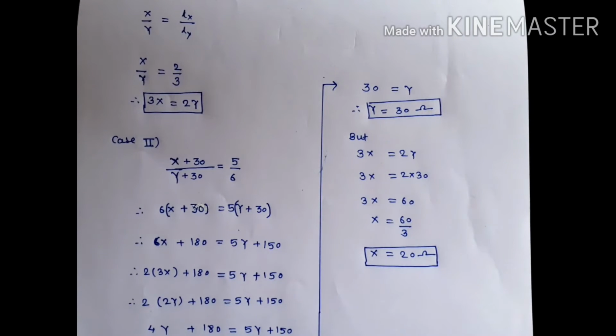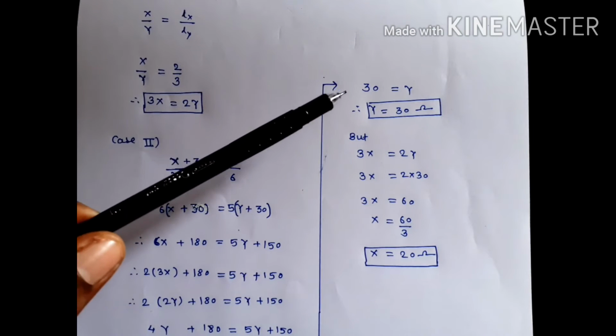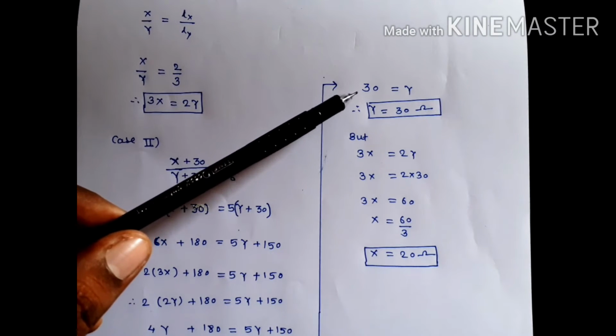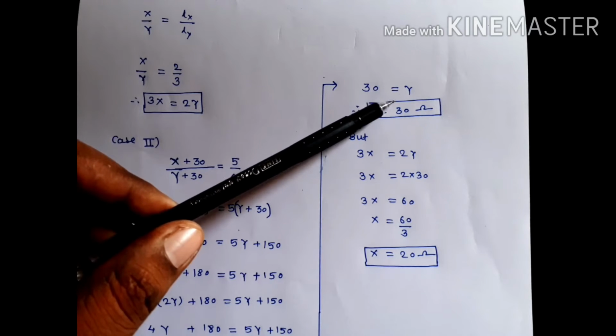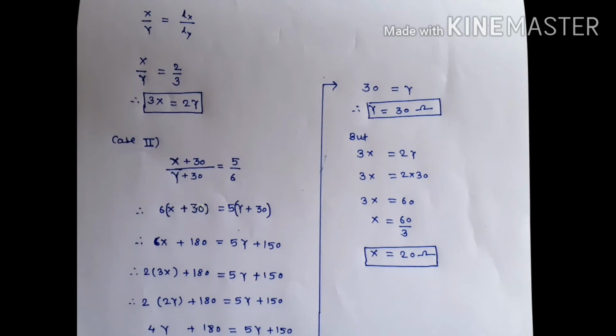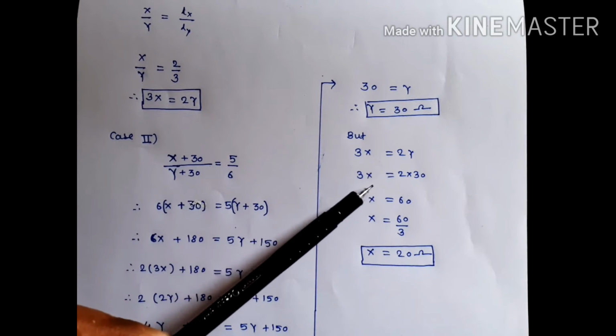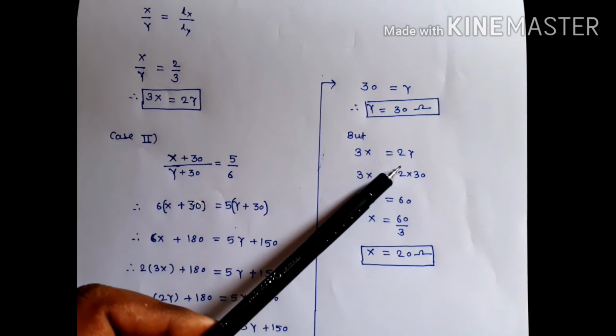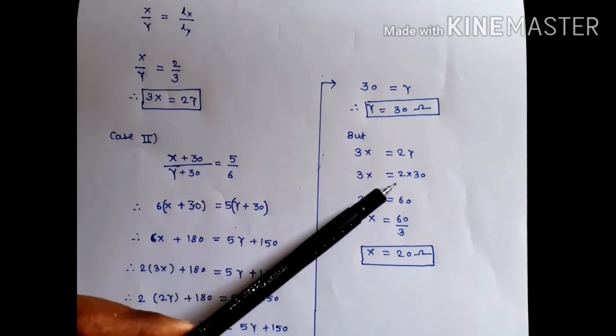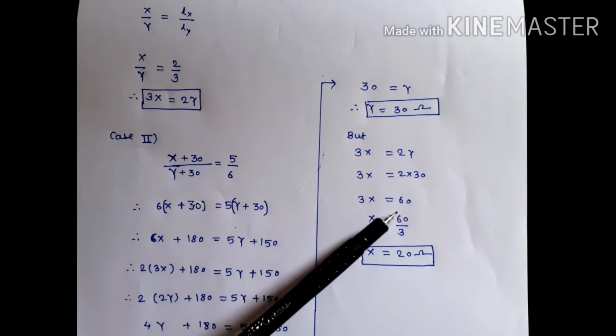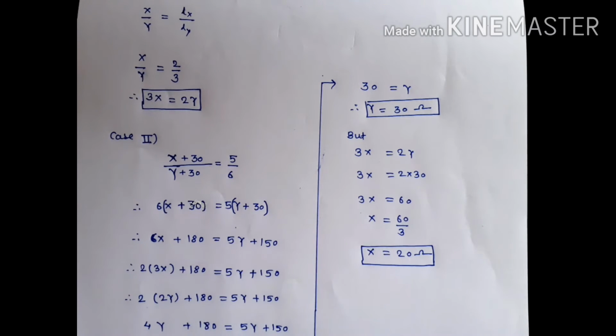By solving that step, LHS 180 minus 150 is equal to 30, and 5y minus 4y is equal to y. Therefore y is equal to 30. This is the value of y resistance. But we know that 3x is equal to twice y. By putting the value of y in this step, we got 3x is equal to 2 into 30, therefore 3x is equal to 60. By solving this step, we got x is equal to 20 ohm. In this way, x is equal to 20 ohm and y is equal to 30 ohm. These are the values of x and y respectively.